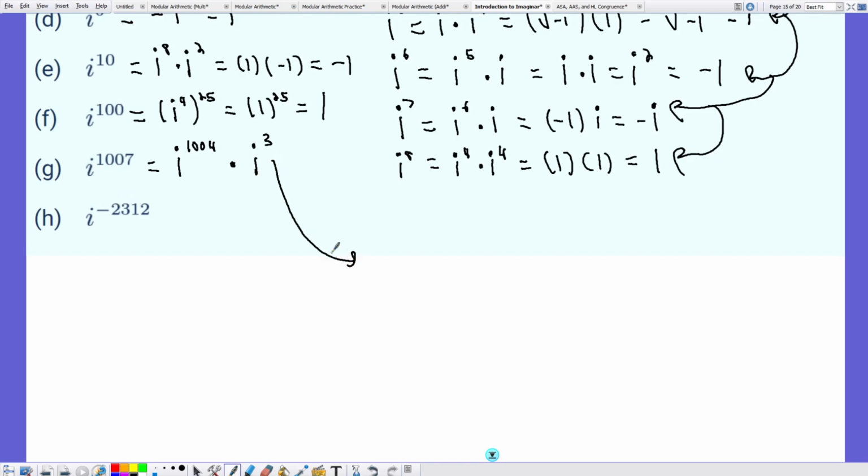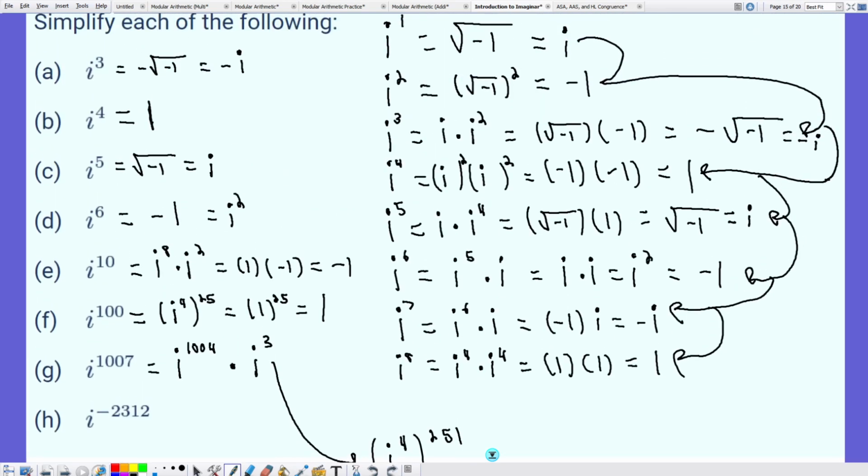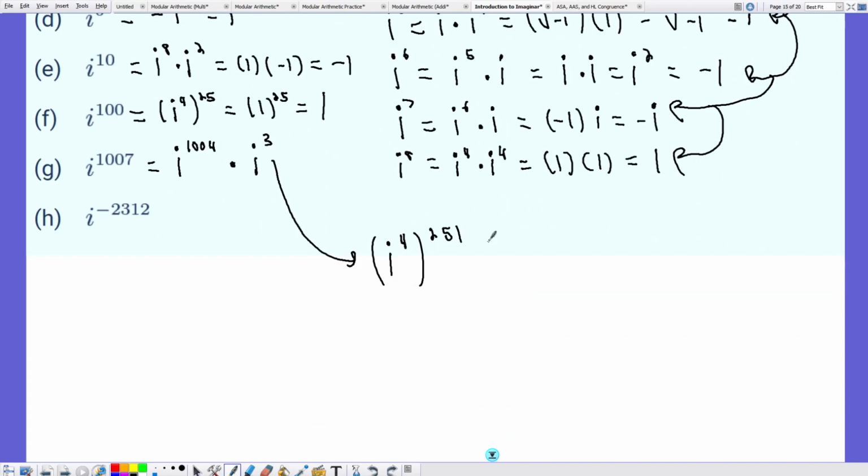Since 1004 is divisible by 4, we can rewrite this as i to the 4th raised to the 251st power, and i to the 3rd is the same thing as negative i.